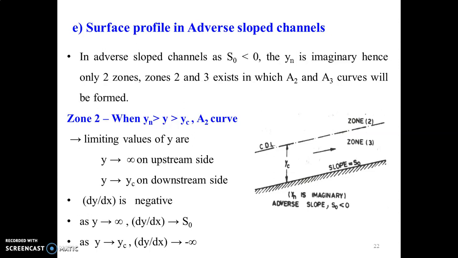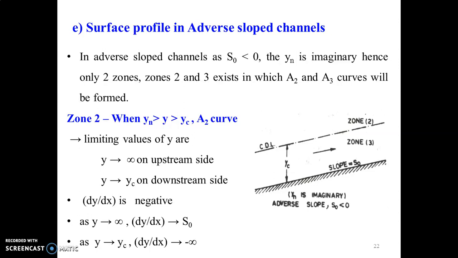Zone 2 again, y lies in between yn and yc. Now the case of adverse slope is very much similar to your horizontal slope. So here too the limiting values are y tending to infinity on the upstream side and y tending to yc on the downstream side. Once again, in zone 2, the dy by dx value is always negative.